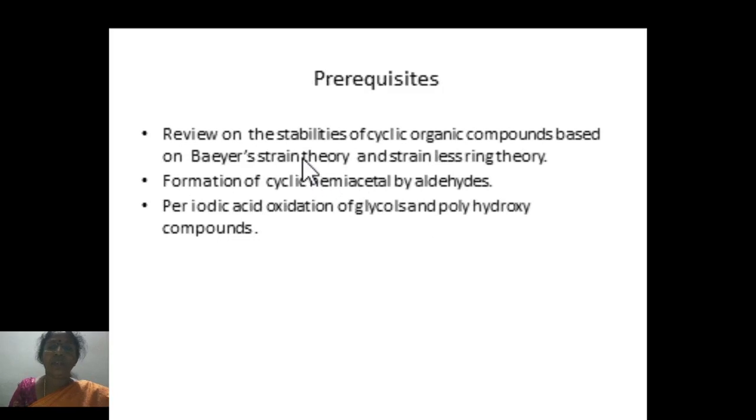To understand this, one needs to have the background about the stabilities of cyclic compounds. According to Baeyer's theory, shorter the ring size, less stable are the molecules because of more angle strain.